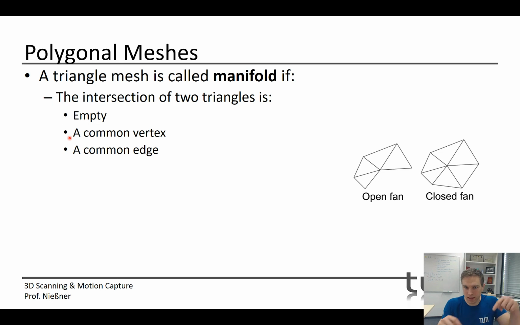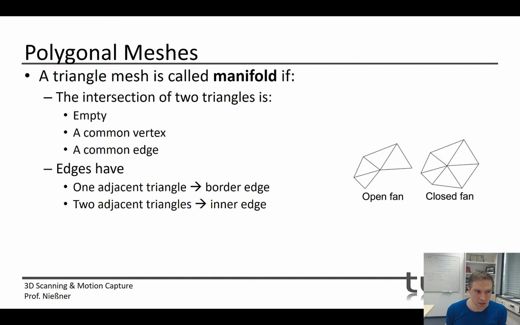So the intersecting surface you've just seen would be a non-manifold mesh, and this is something we typically don't want, because that's not something a real surface would represent. In addition, an edge has to have either one adjacent triangle, which is a border edge, or two adjacent triangles, which would be an inner edge, right?